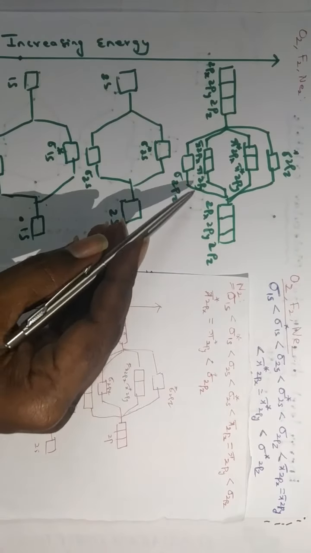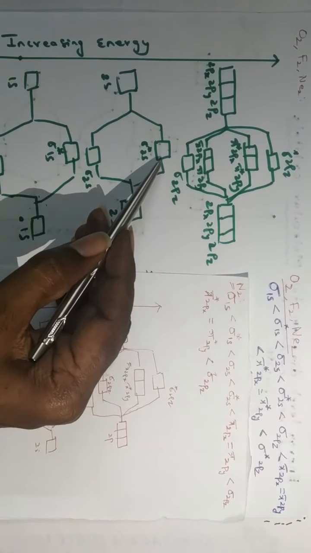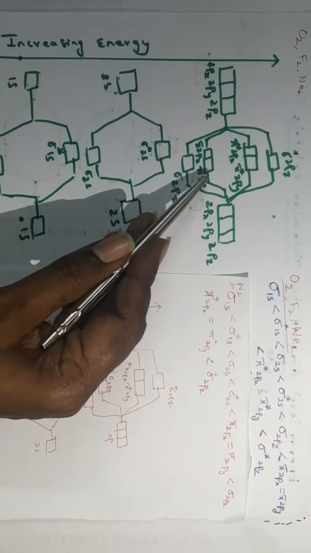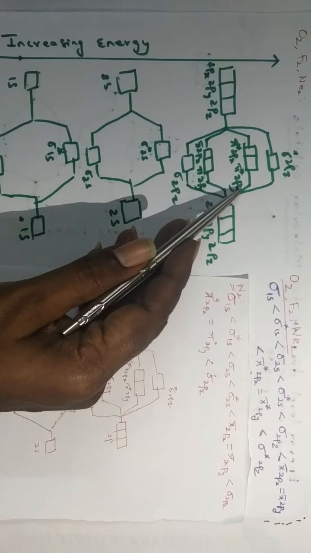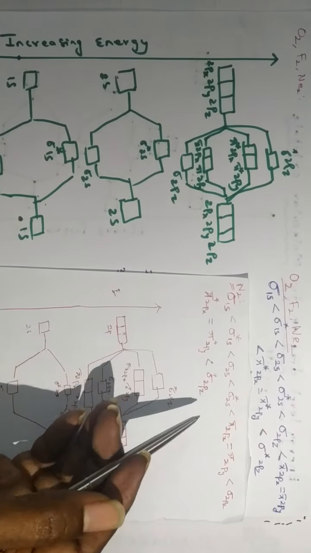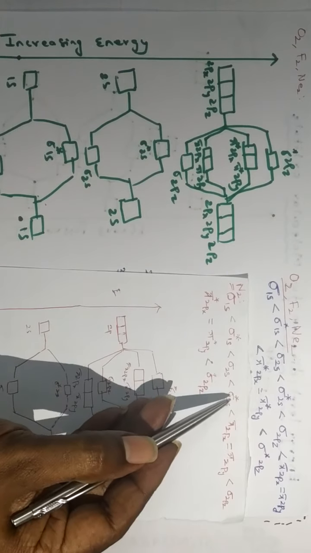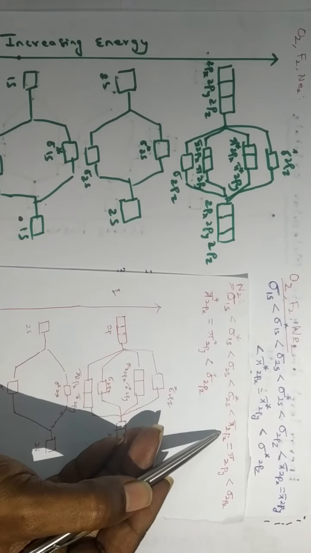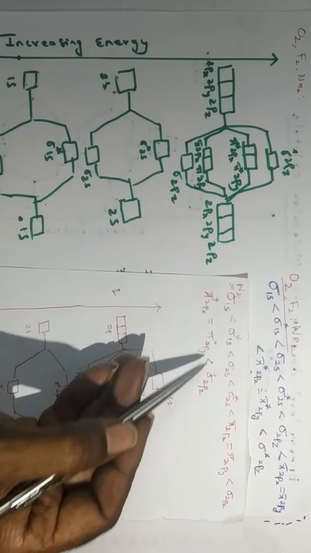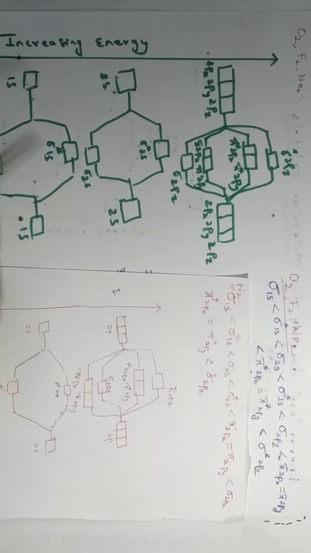In the case of oxygen, fluorine, neon, after sigma star 2s comes sigma 2pz, then pi 2px, pi 2py followed by pi star 2px, pi star 2py and then sigma star 2pz. Whereas in the case of boron, carbon, nitrogen, after sigma star 2s it is pi 2px, pi 2py, then sigma 2pz, pi star 2px, pi star 2py, then sigma star 2pz.